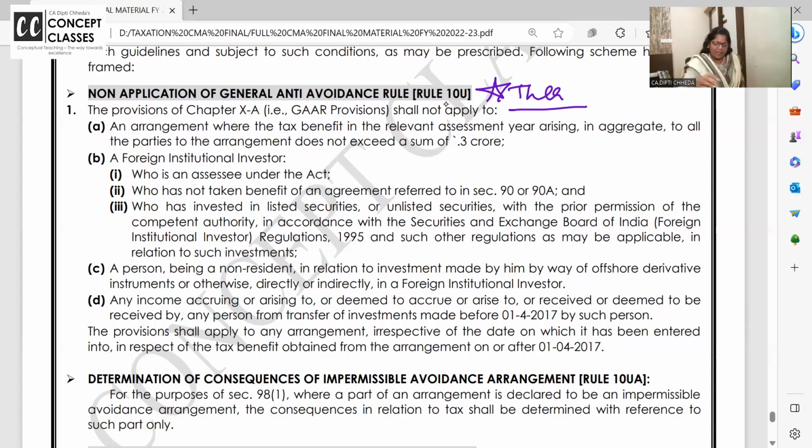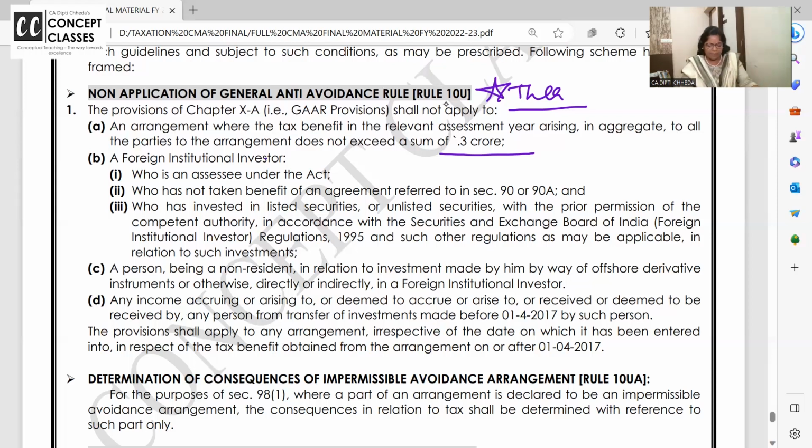An arrangement where the tax benefit in the relevant assessment year, in aggregate to all the parties to the arrangement, does not exceed 3 crore. If the arrangement has not a single party but 2-3 parties, then for all the parties, one has an expense, one has a loss, if the benefit is exceeding 3 crore, then applicable.